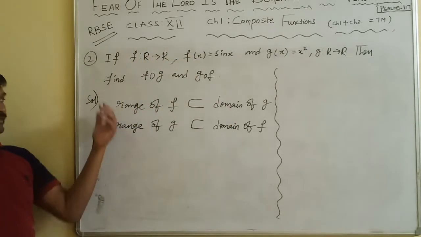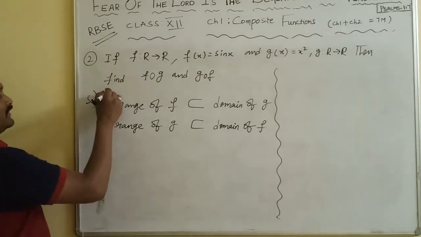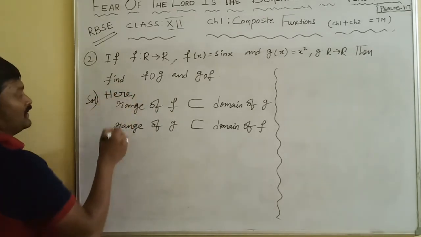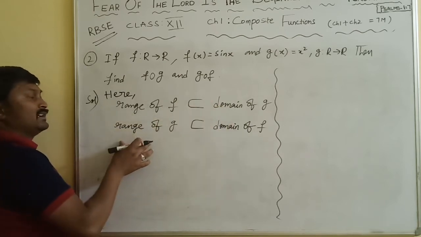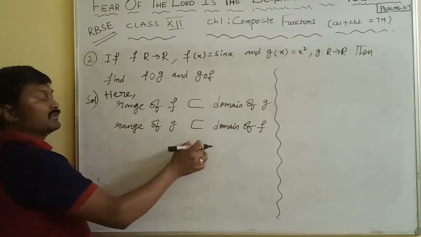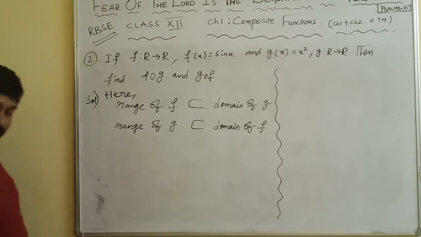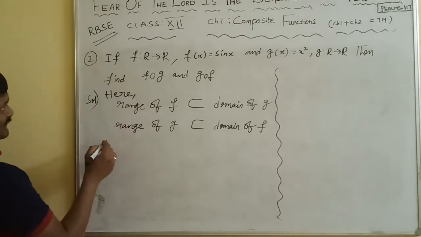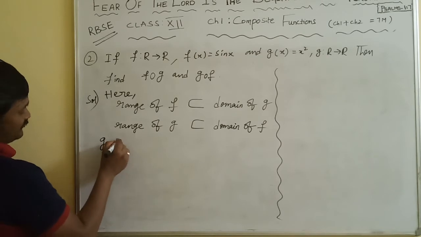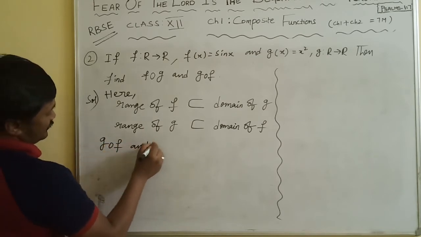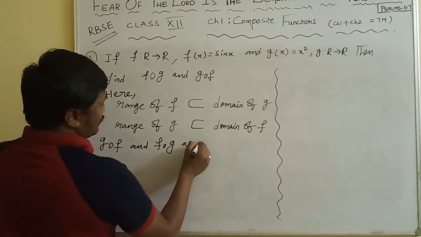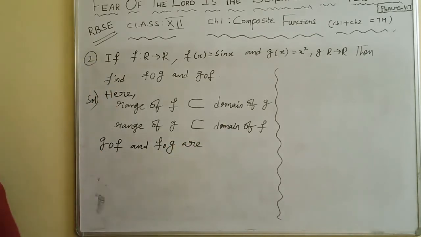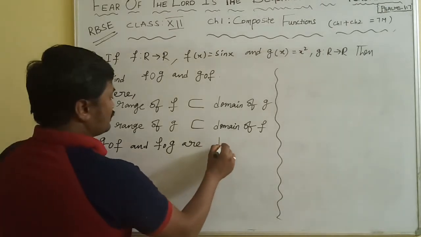So this clearly says that the range of F is a subset of the domain of G, and the range of G is a subset of the domain of F. So G circle F and F circle G are possible, so we can say that they are defined.